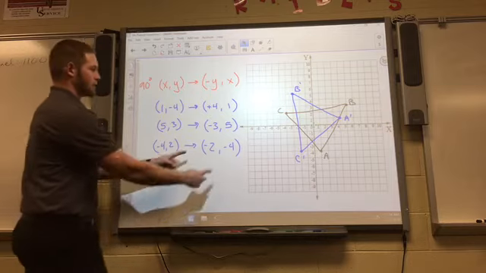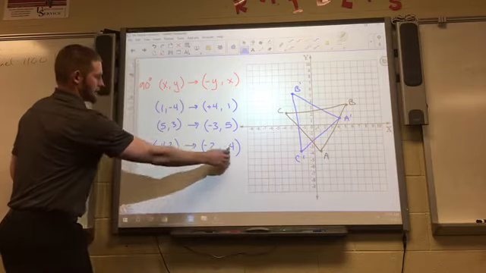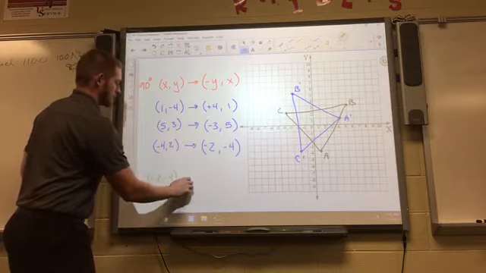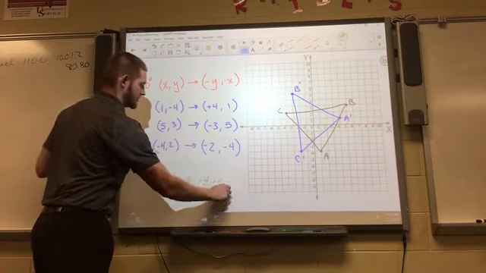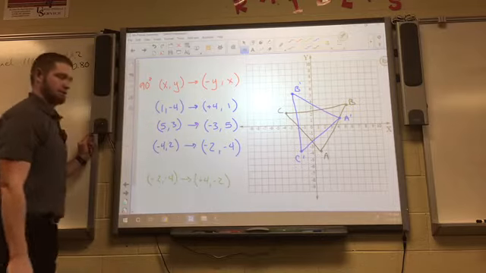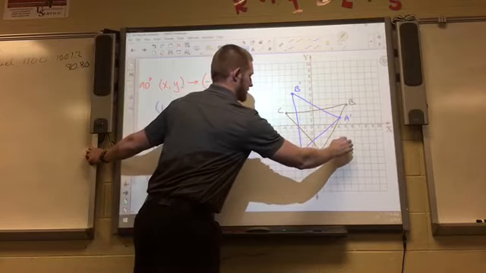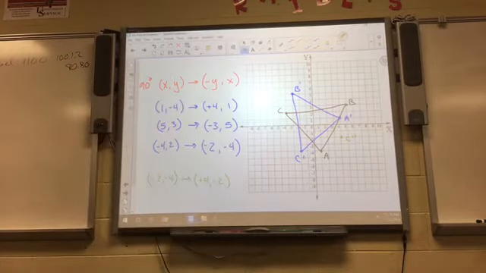So if I wanted to do C prime and I wanted to go 180, I would take my result, my -2, -4, and I'd go another 90. So I'd flip it, so I'd have -4, -2, and then change the sign. Does that make sense? So at 4, -2, this would have been C double prime if I went 180 degrees.